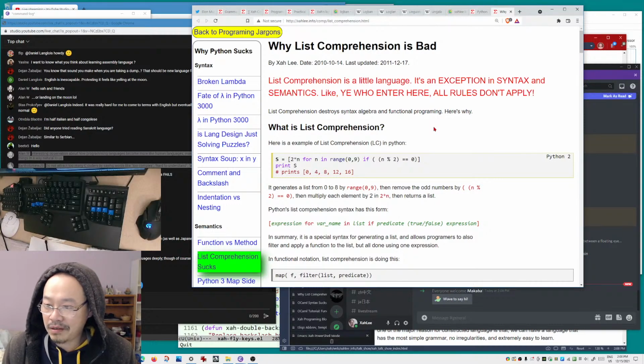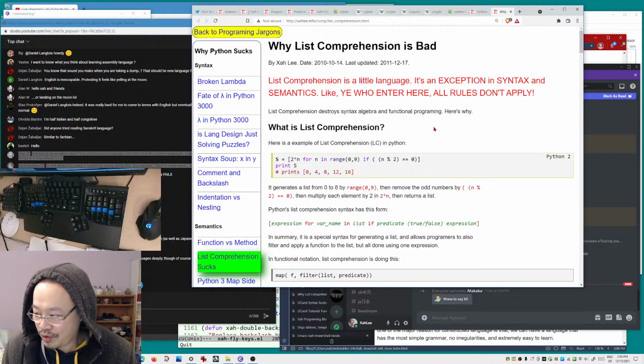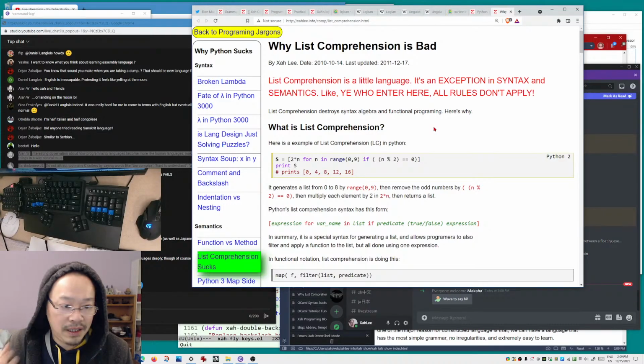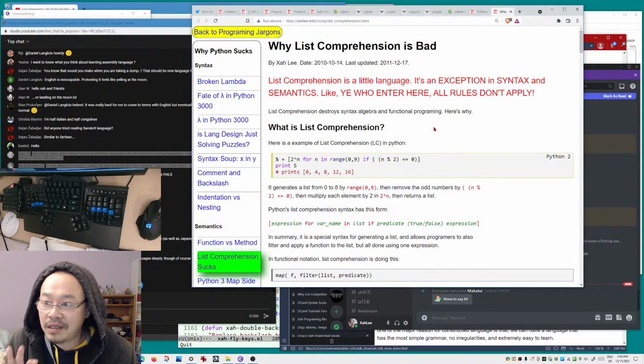Well, I suppose it has much to do with habit, just like natural human languages. If you're born speaking English, that's natural to you, or Chinese. You don't see the irregularities.